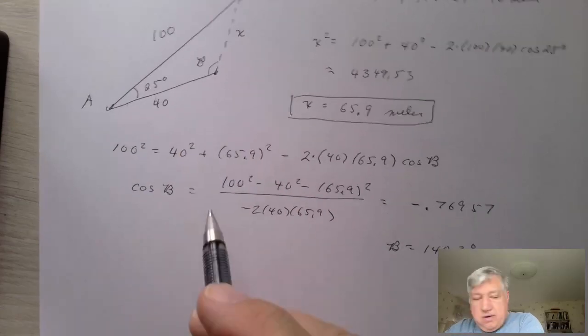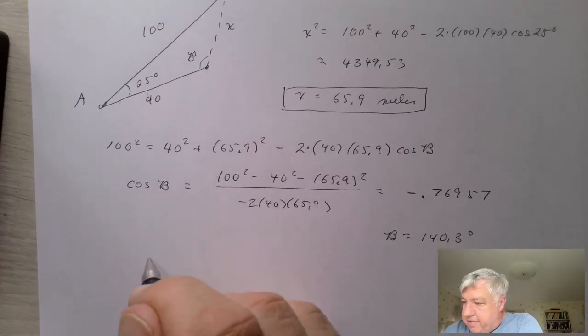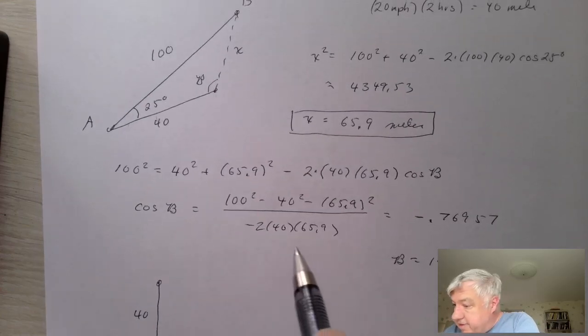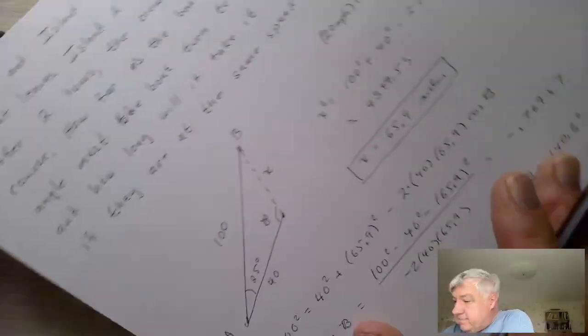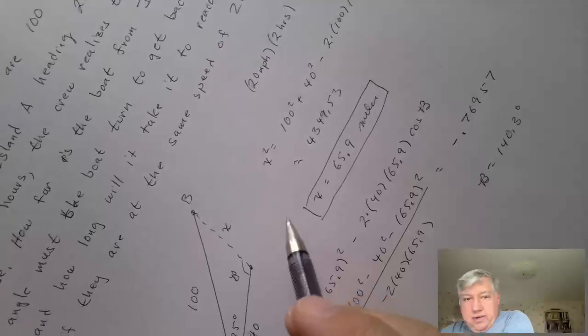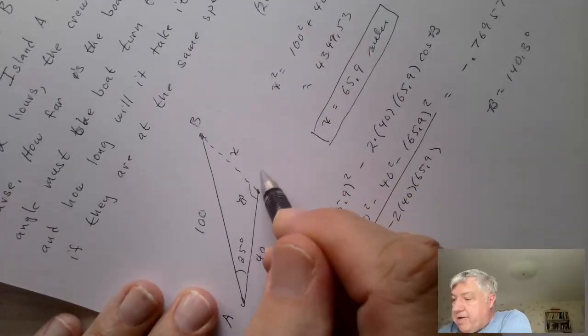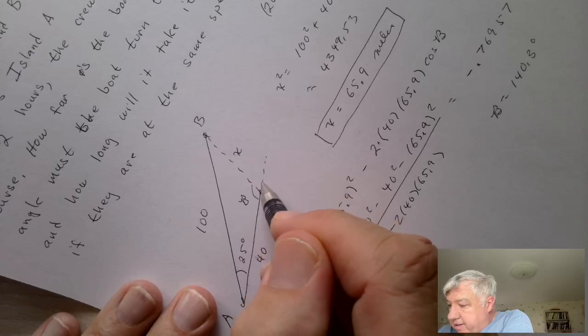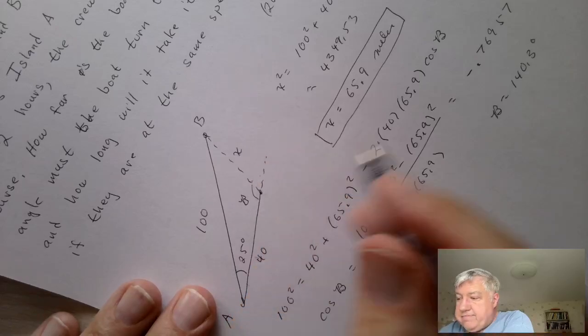If we are the boaters, this was our path of 40 miles. If we're going in this direction, if this is straight for our boat, the angle that we're really interested in is this angle, right?